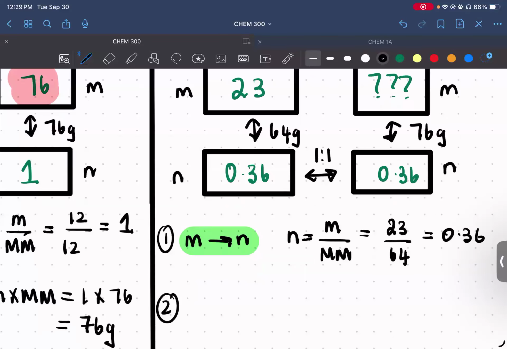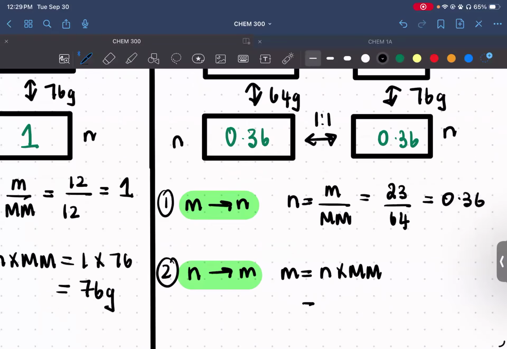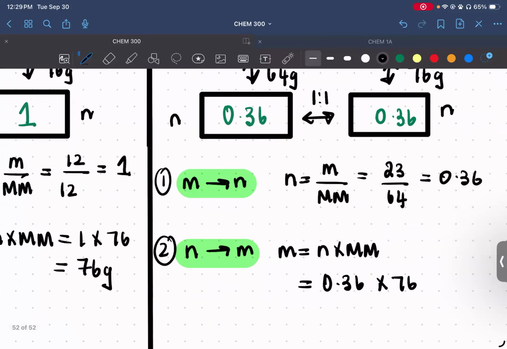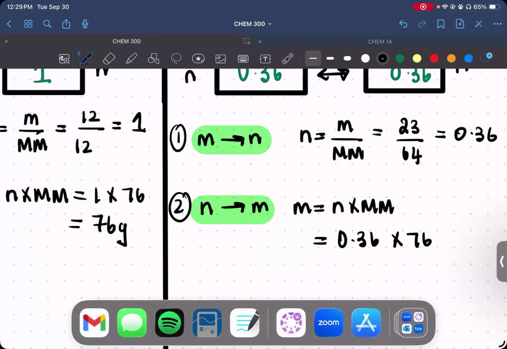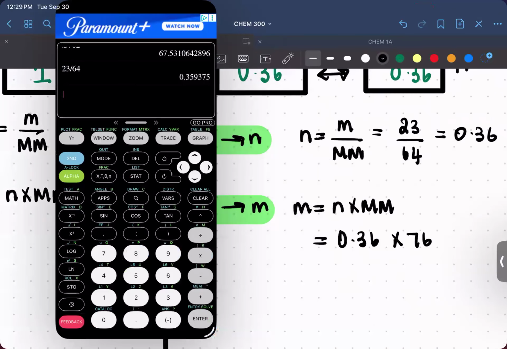The final step is to go from moles to mass. M is equal to N times MM. This is equal to 0.36 times 76. All right, put this in our calculator.